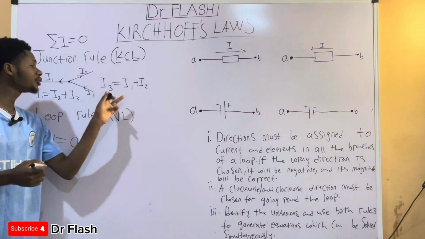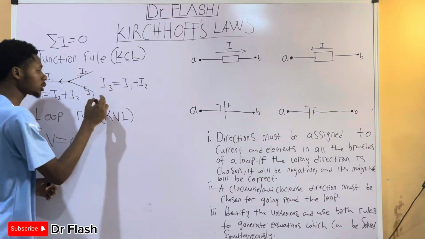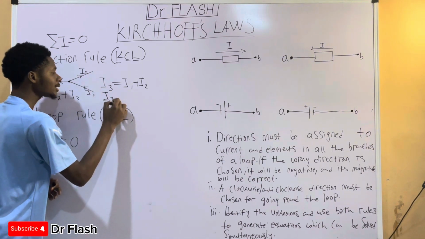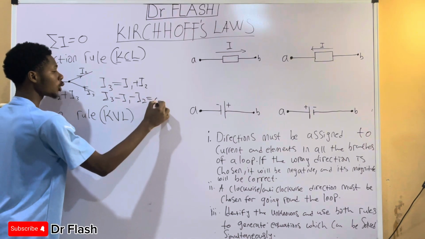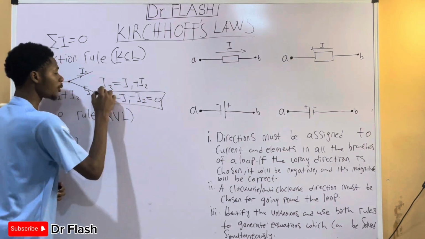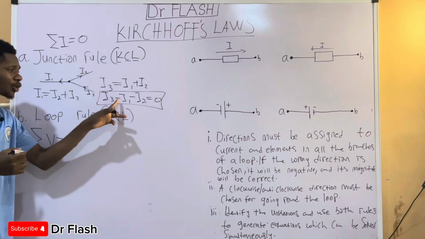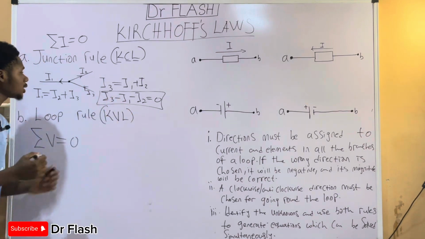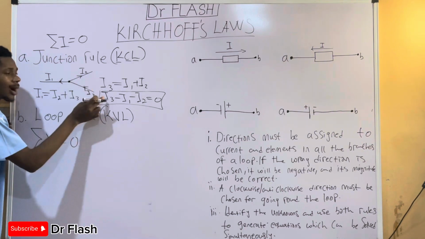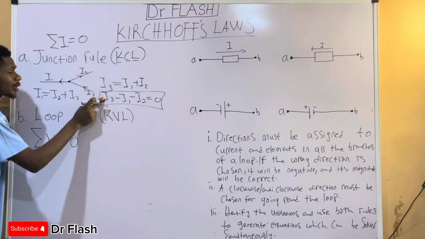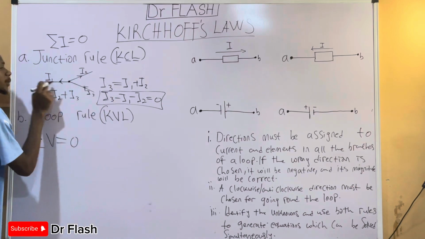I can as well rewrite this equation 3 as I3 minus I1 minus I2 equals 0. This is the algebraic form. Why is it? Because we are taking account of the directions of the current, in the sense that since this is the one going into the junction, we can make it positive, and any that is going away from the junction becomes negative.